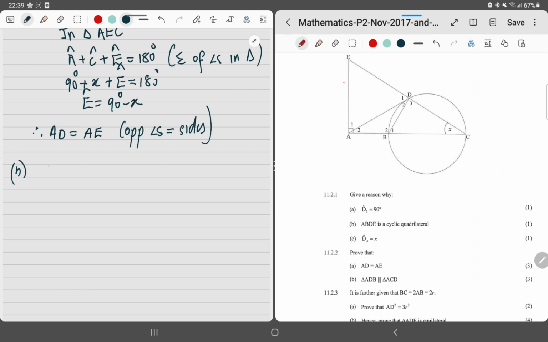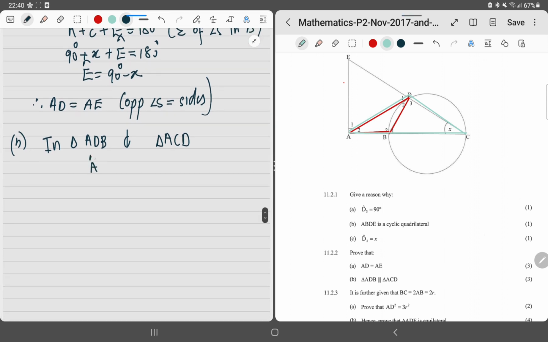I need to prove that triangle ADB is similar to triangle ACD. So angle A2 is equal to angle A2 because it's common.